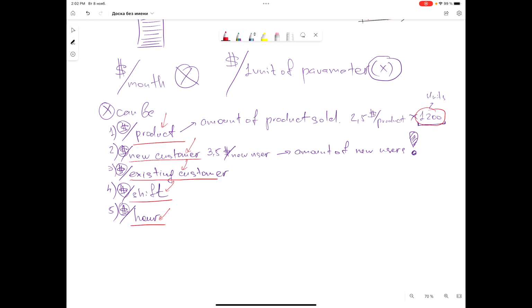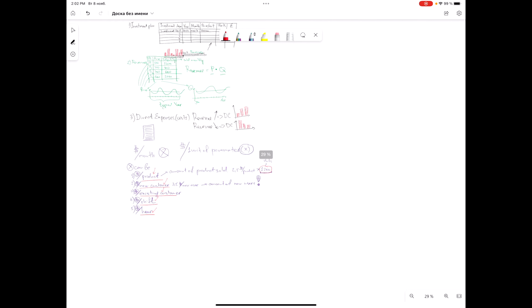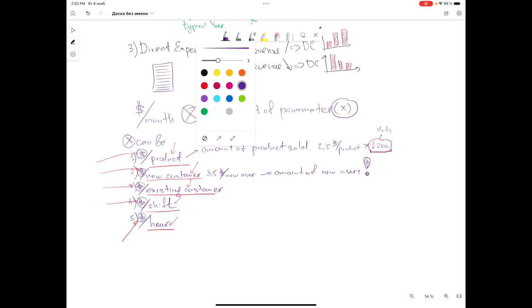So for direct expense calculation, you first of all need to know two components. The first component is this component, and the second, you will need to know these components: what you are linking these expenses to.